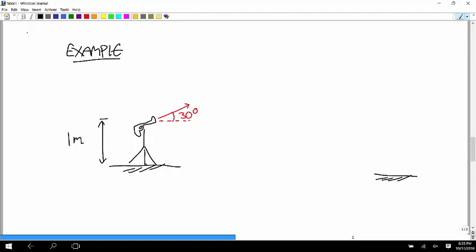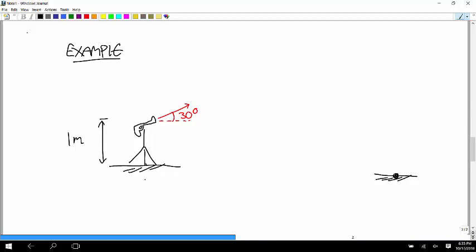We want this Nerf bullet to land on the ground at a specific location.